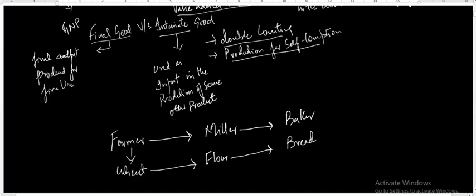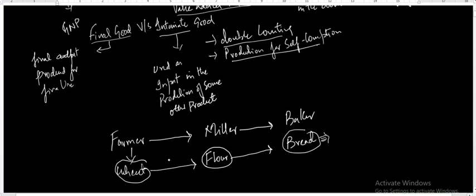Now in this case, the flour will be the intermediate good for the baker, and the wheat is going to be the intermediate good for the miller. However, what are we going to count? We are going to count this bread as the final output, the value of this output that is going to go into the GDP.